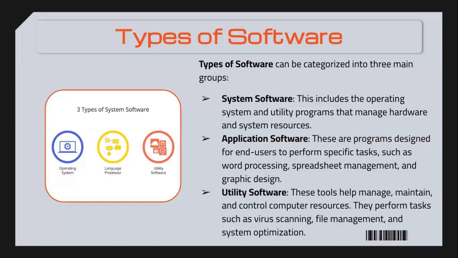Then we have application software, which are programs designed for end users to perform specific tasks, such as word processing, spreadsheet management, and graphic design. And then we have utility software, which are tools for managing, maintaining, and controlling computer resources. They perform tasks such as virus scanning, file management, and system optimization.